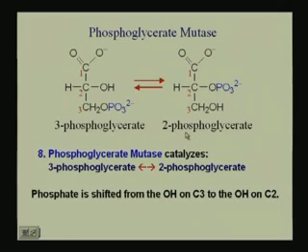So, the product is 2-phosphoglycerate. Okay? So, instead of 3-phosphoglycerate, after the action of this enzyme phosphoglycerate mutase, which shifts the phosphate moiety from the third carbon atom to the second carbon atom. So, the phosphate is shifted from the OH on C3 to the OH on C2. So, we have a shift here.